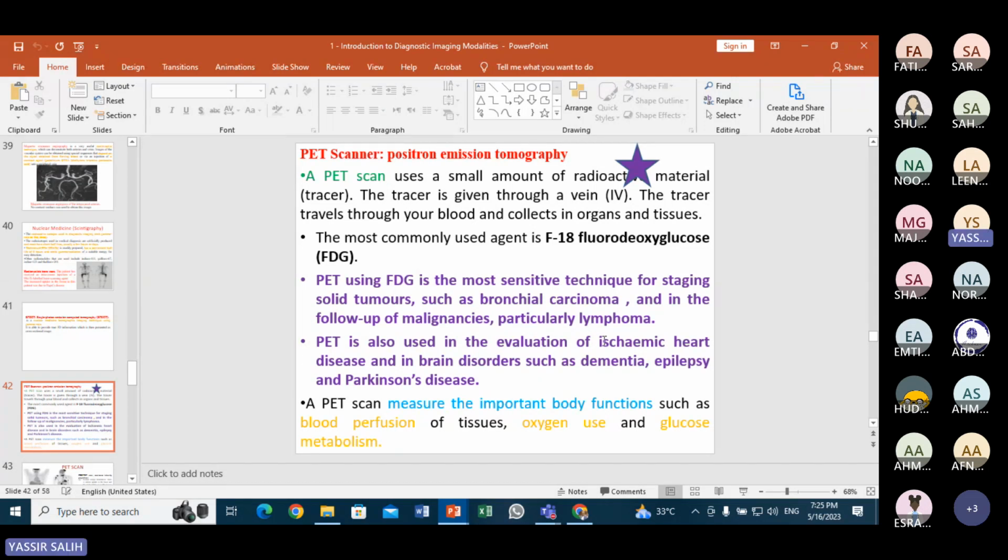There are other benefits of PET scan: evaluation of ischemic heart disease, and some brain disorders such as dementia, epilepsy and Parkinson's disease.